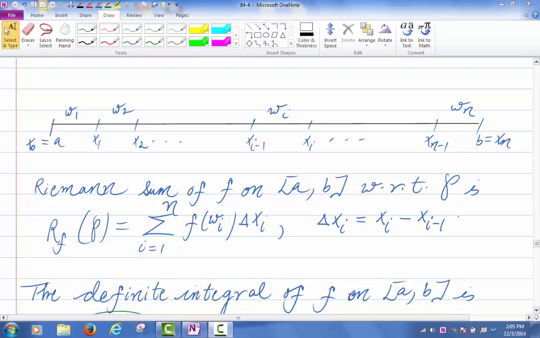That's the length of the ith subinterval, right? So delta xi is what? What's the length of the ith subinterval? xi minus xi minus 1, right? So delta xi is xi minus xi minus 1. Is everybody okay? So that's the definition of the Riemann sum.